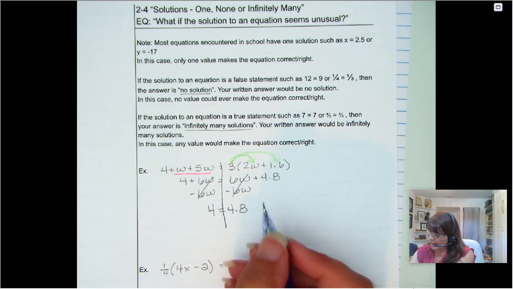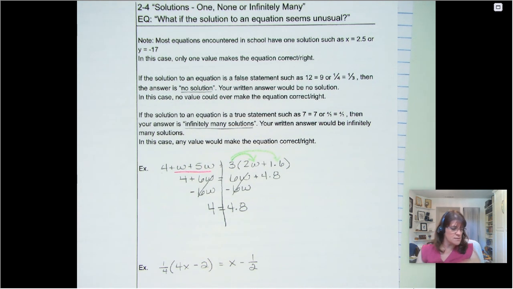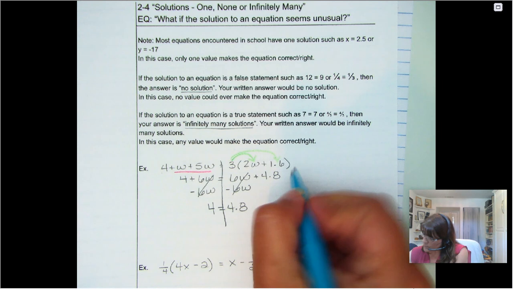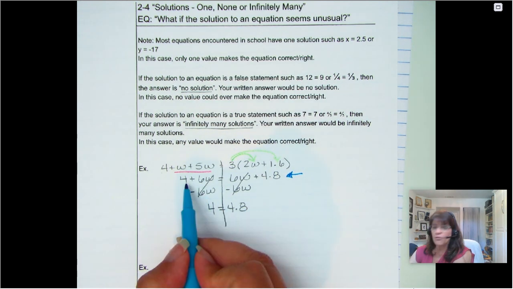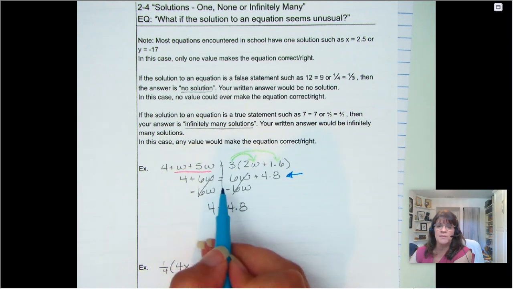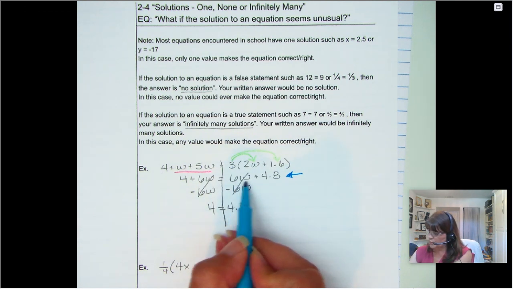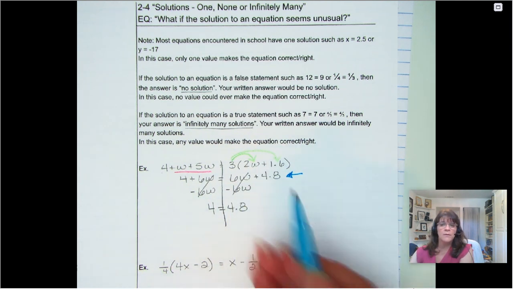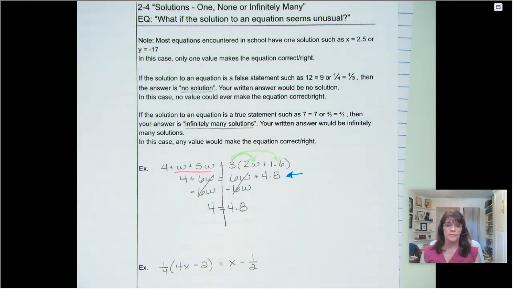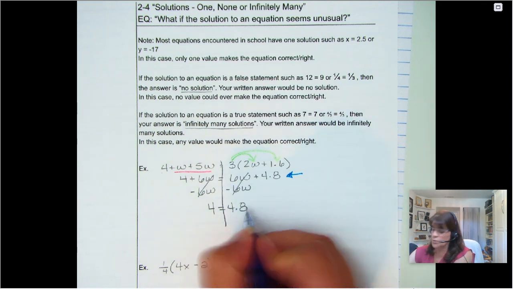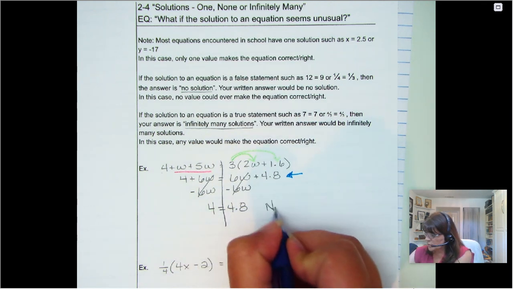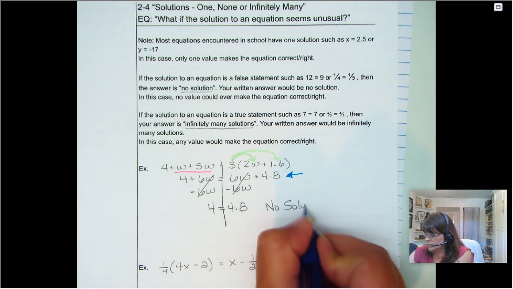No. And some of you may have noticed, even at this stage, you had a statement where it said 4 plus 6w is the same thing as 6w plus 4.8. There's a big red flag right there, but I finished it out. This is a lie. So my written answer is no solution.